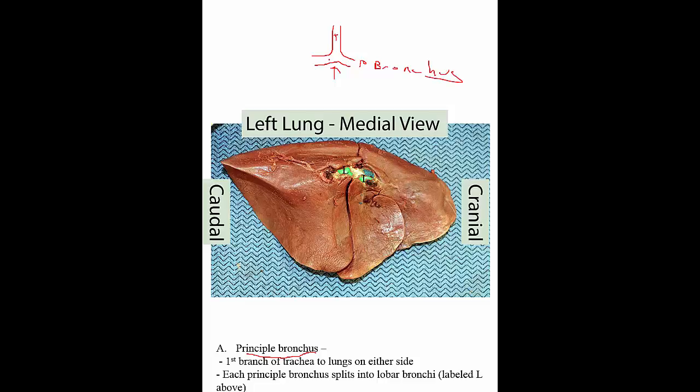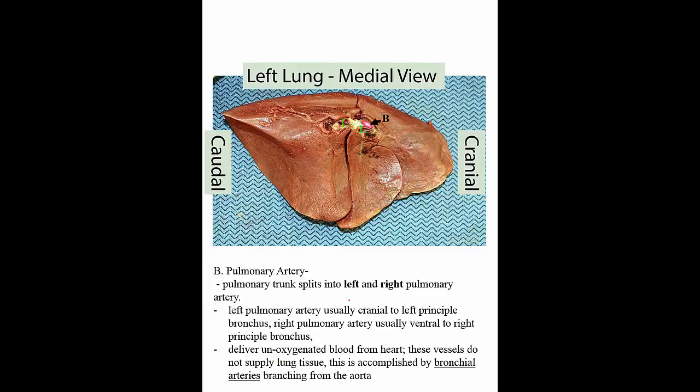So obviously there's one on each side, so there's two principal bronchi. Again, this is the first branch of the trachea to the lungs on each side, and each principal bronchus will then divide into lobar bronchi, depending on the number of lobes there are in the lungs. So here in this image, you can see there are some lobar bronchi on the medial surface of the lung.